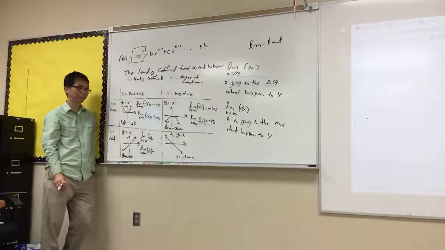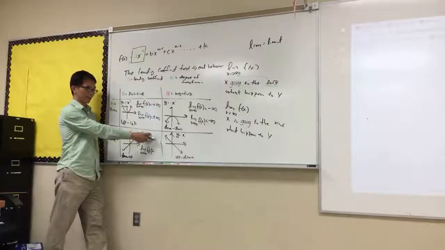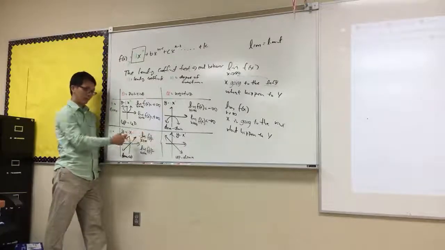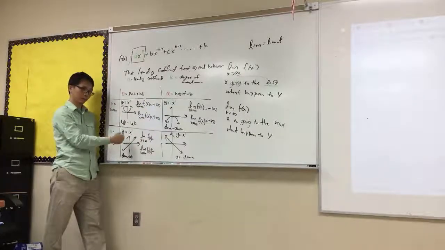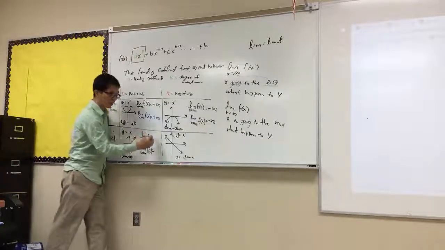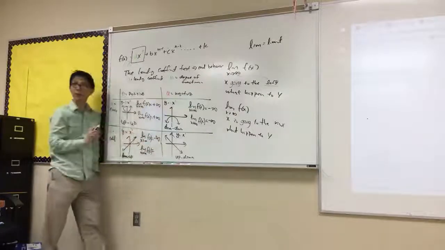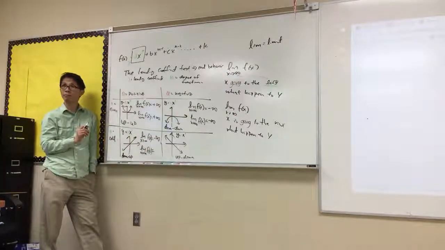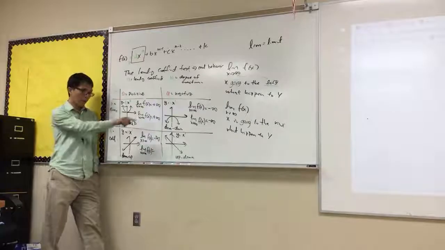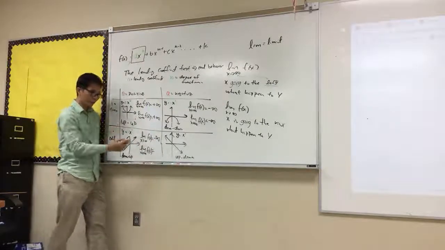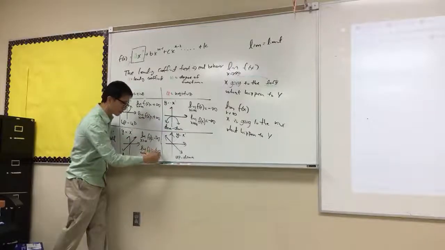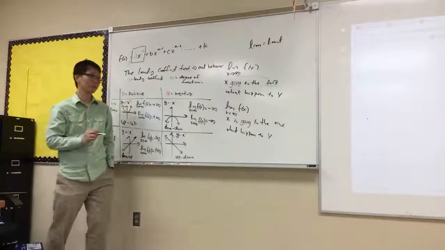What do you think this is? Negative infinity, right? Does that make sense? How about going that way? The function going that way, the function is what? Positive. That's it.